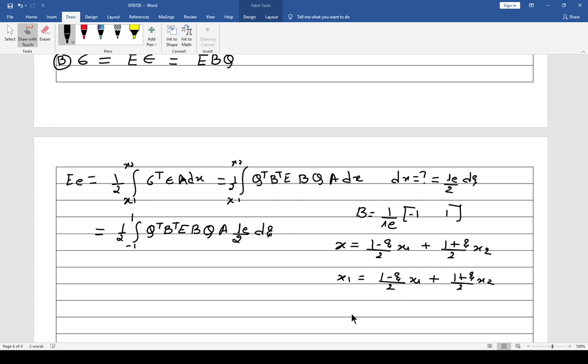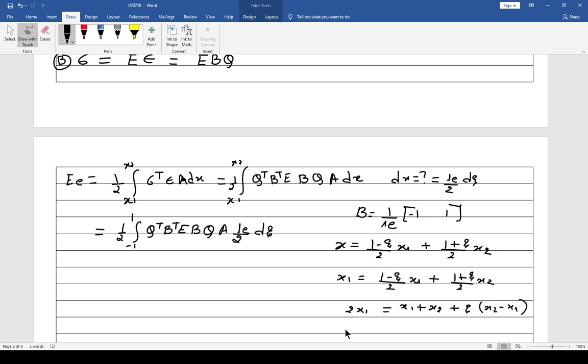So that gives me x1 plus x2, plus if I take out xi common, I get x2 minus x1. So this is what I am going to get.